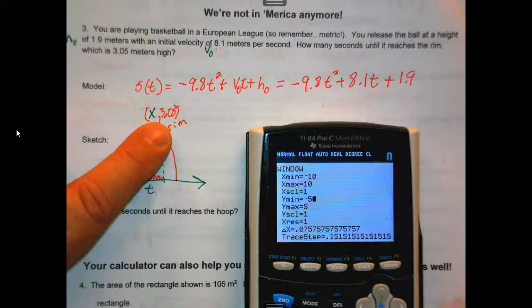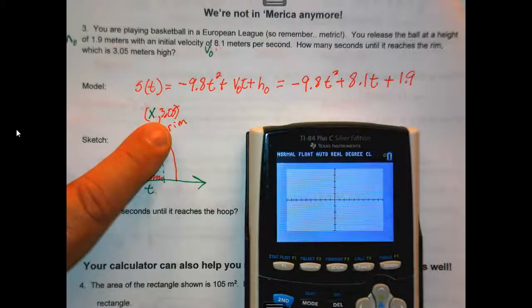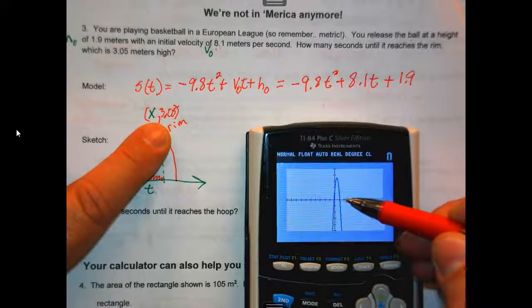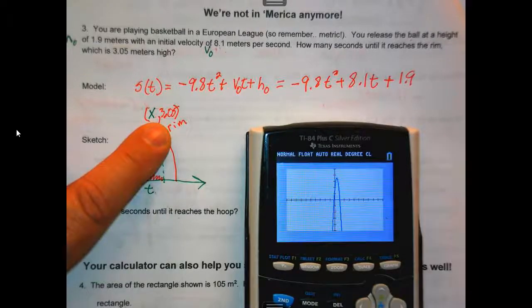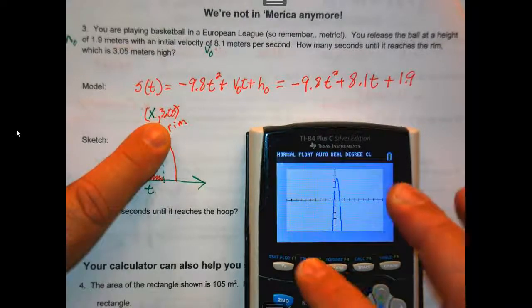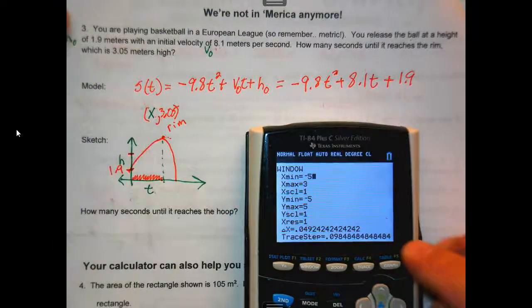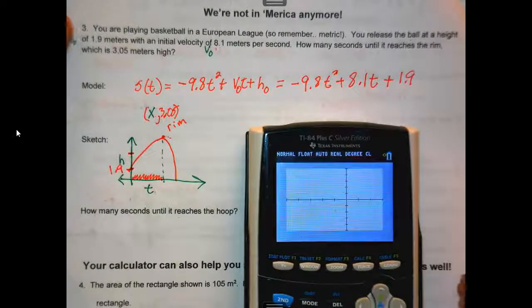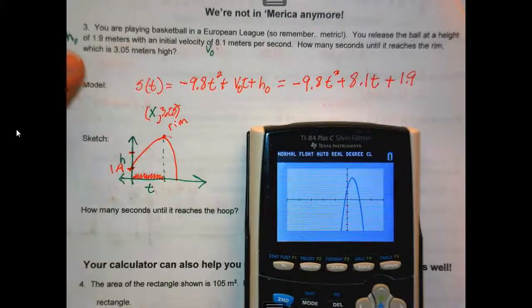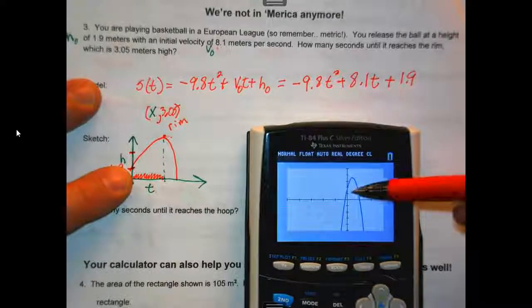Maybe I'll just go to negative 5. My x max, well, let's go back to our graph. Our x max looks like it's at 1 there. So go back to your window. I'm going to change my x max to like 3. And I don't need negative 10, maybe another negative 5. And it should zoom in enough for me to, yep, there you go. So it kind of looks like my picture here.